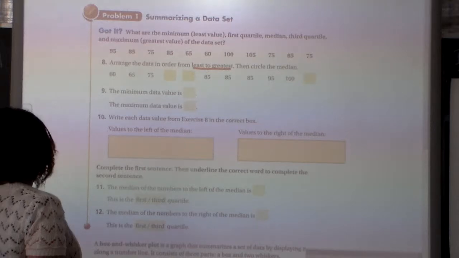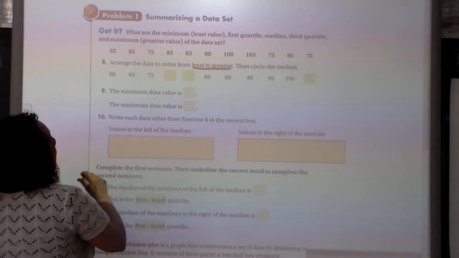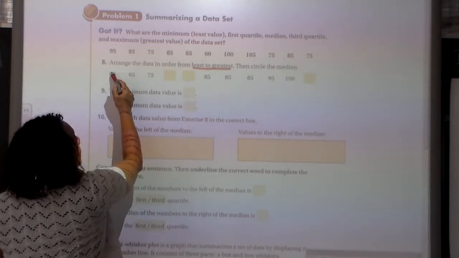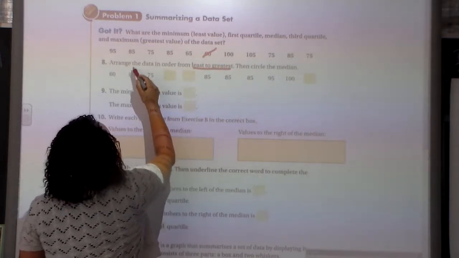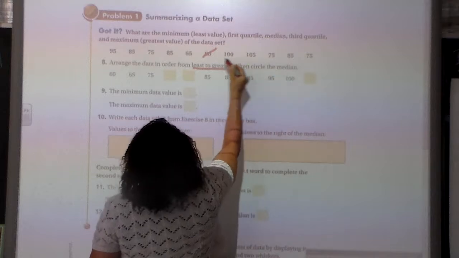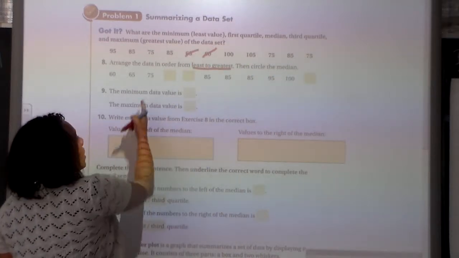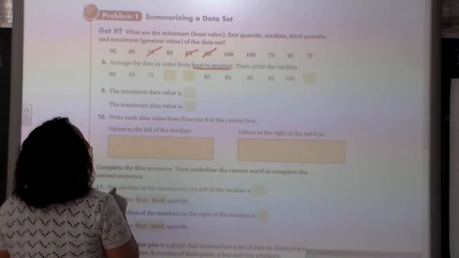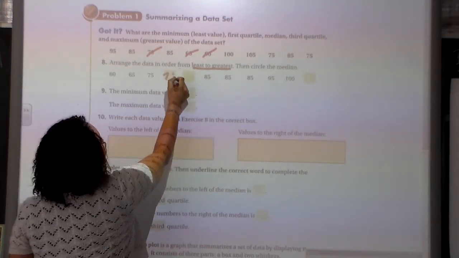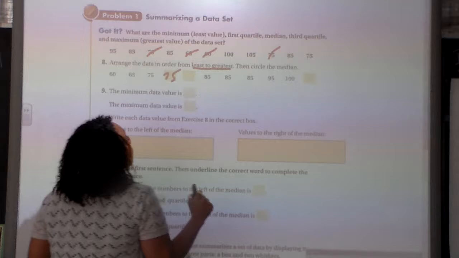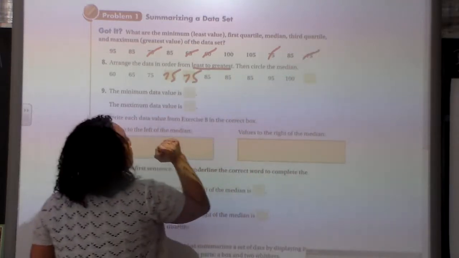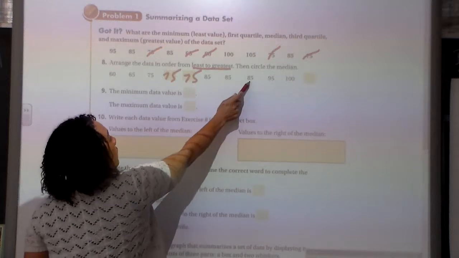So looking here, we have 60, 65, 75, and 2 blank spots. I like to cross numbers off as I use them. So I have a 75, the next highest number is another 75, then I also have a third 75. Then it looks like 85, 85, 85.